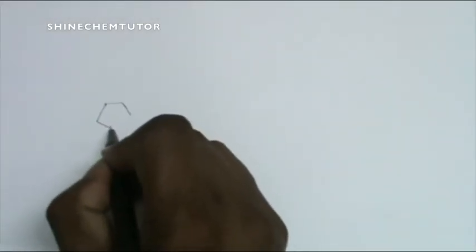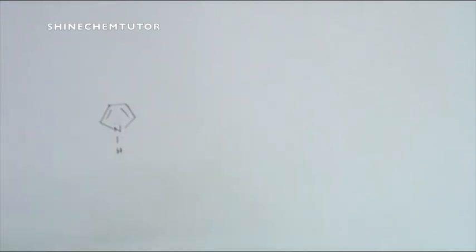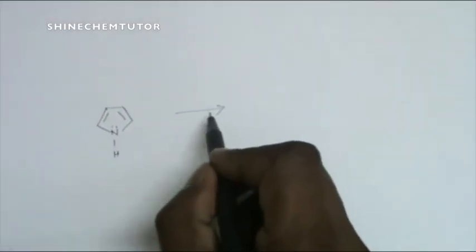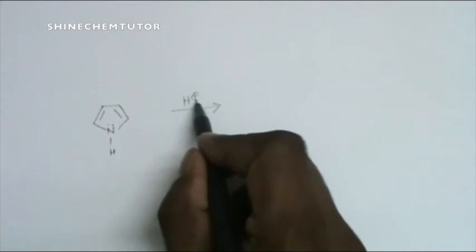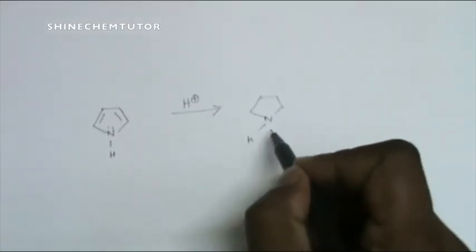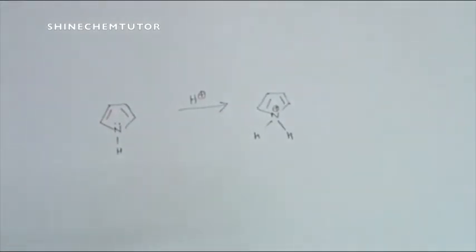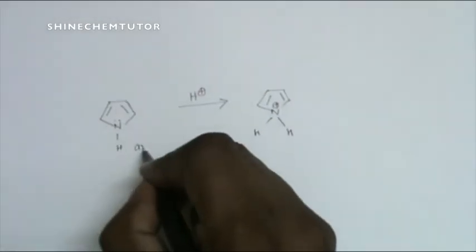It can also affect the basicity. This particular nitrogen, even though it has a lone pair, cannot act as a base. If I add H plus, it has to become like this. This particular compound is aromatic.